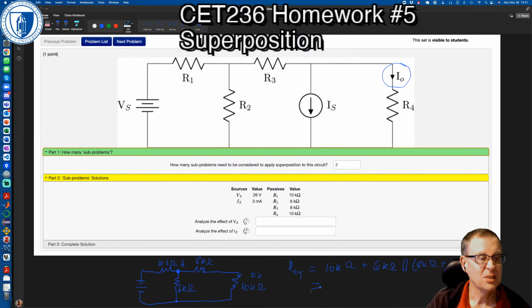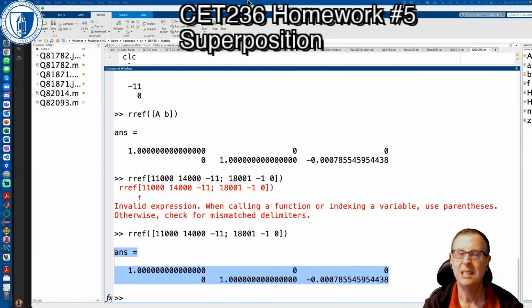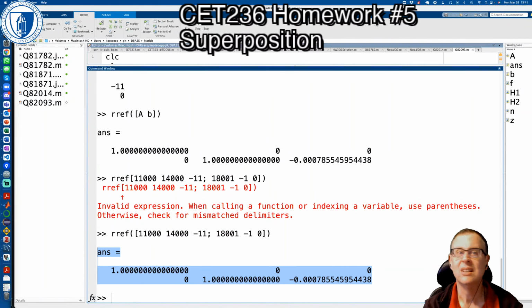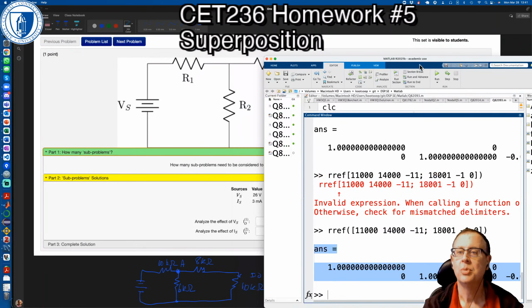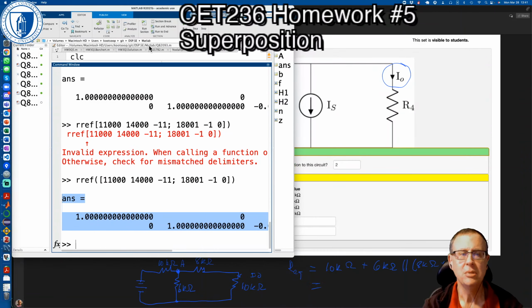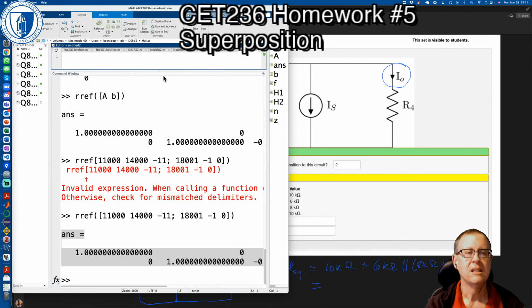And I know I do have MATLAB running there, so let's grab MATLAB and see if we can just put that calculation into MATLAB, and we'll do that here. I might just see if we can make that a bit bigger so we can see it.